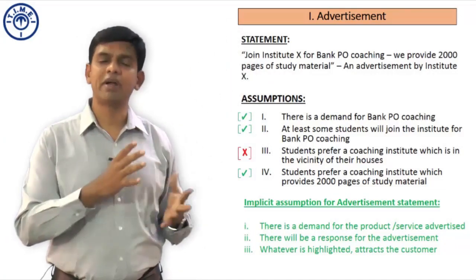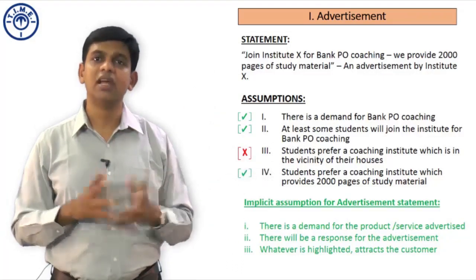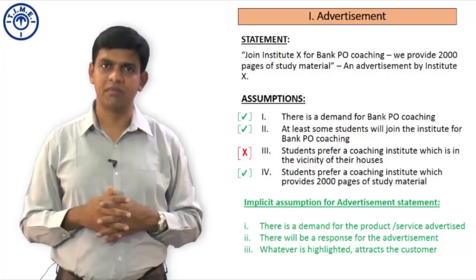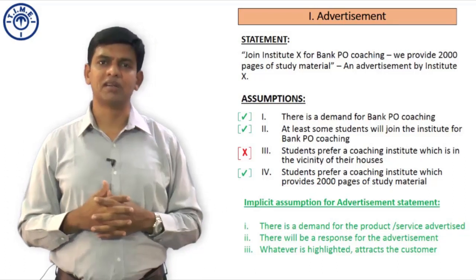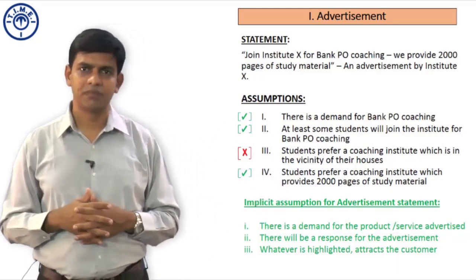So, if he has not mentioned it, I don't know what the speaker believes in this case. Hence, something which is not reflecting in the statement, I cannot speak of, or that doesn't become an implicit assumption. Hence, the third point is not an implicit assumption.